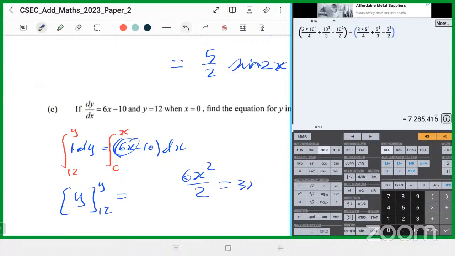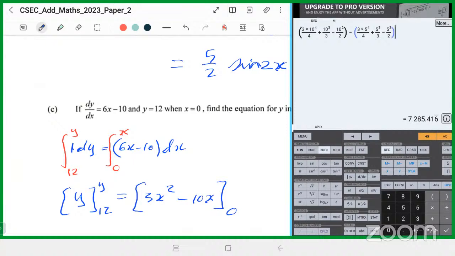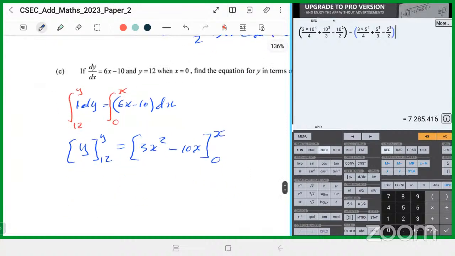So I'm going to write my 3x squared minus, integrate the 10, I get 10x, between the 0 bottom limit and general value limit x. And see, it works itself out. I don't need to calculate c.